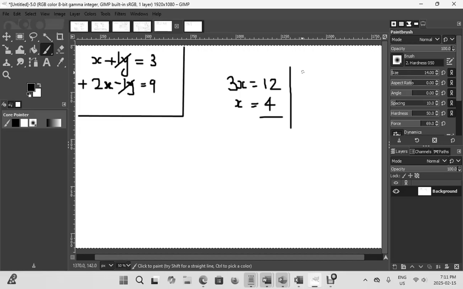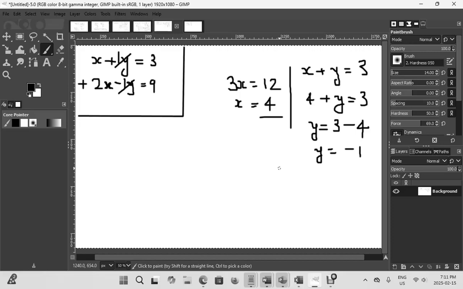Let's say you sub in 4 into x plus y equals 3, so 4 plus y equals 3, which means y will be -1. So your x is 4 and your y is -1.